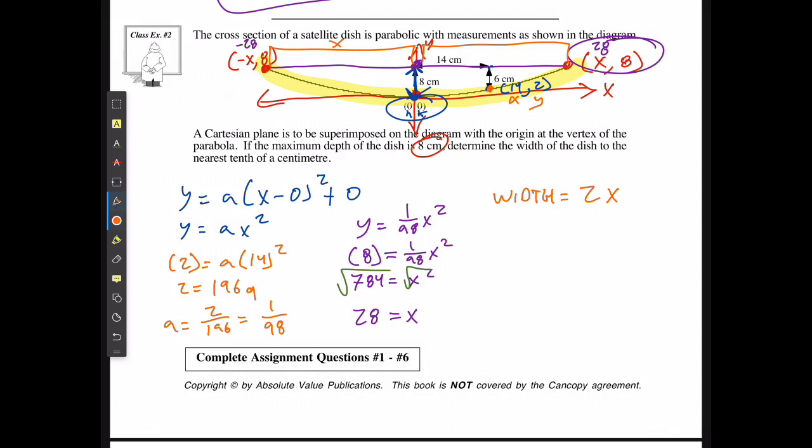Because this is a length of x here, this is a length of x here. Which means that it's going to be 2 times 28, or 56 to the nearest tenth of a centimeter, 0.0 centimeters is going to be my width.